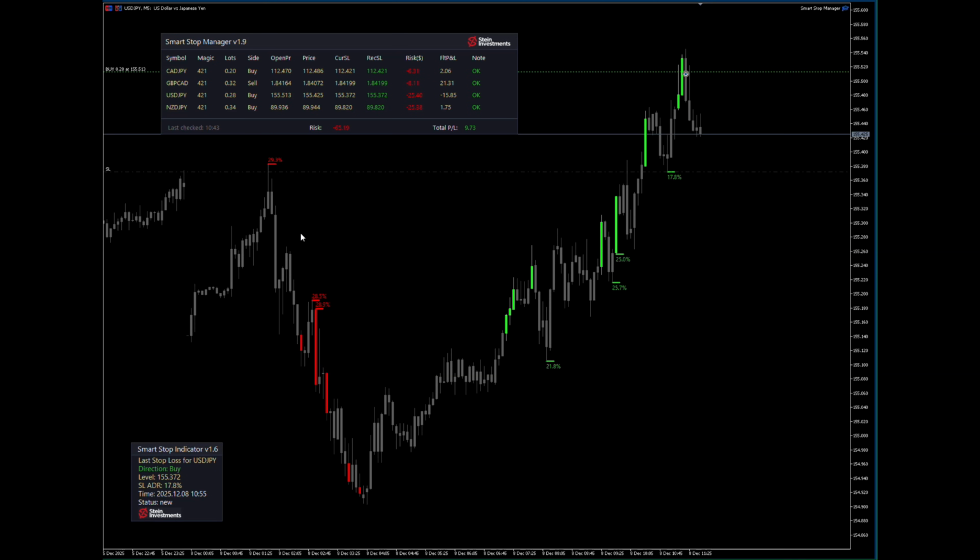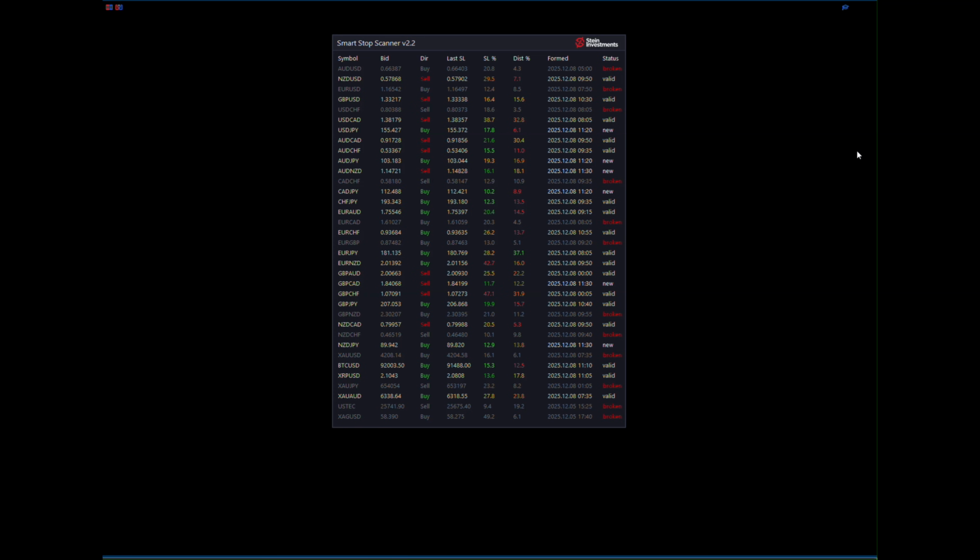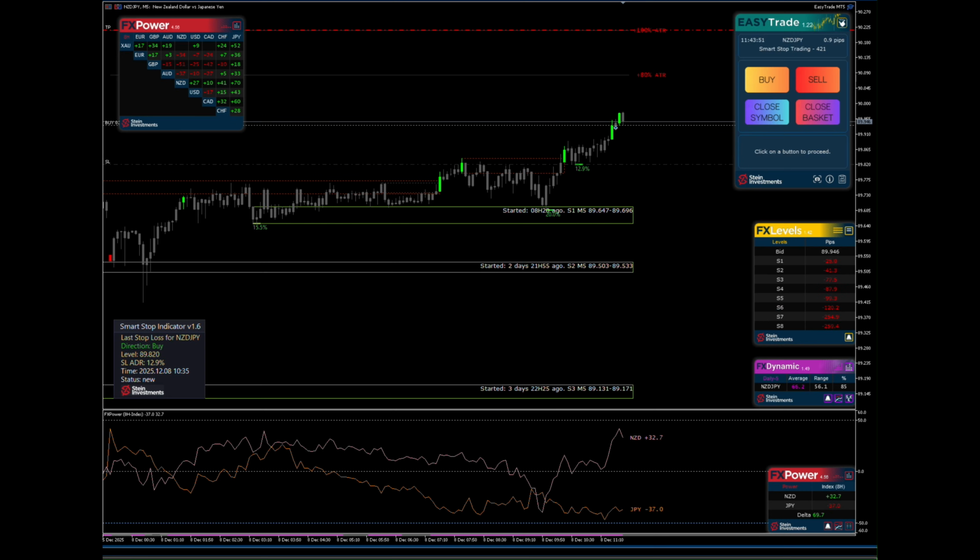That's how this Smart Stop trade execution works. It's pretty easy. You just await a notification or have a look at the scanner panel to check the latest newly classified levels. If there are some with a tight or very tight stop loss, then you check the chart situation here.